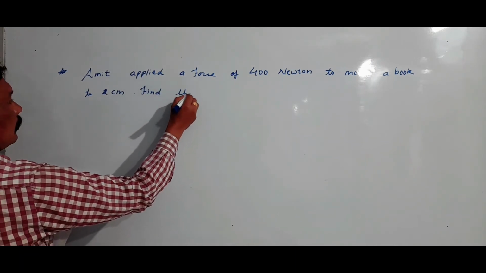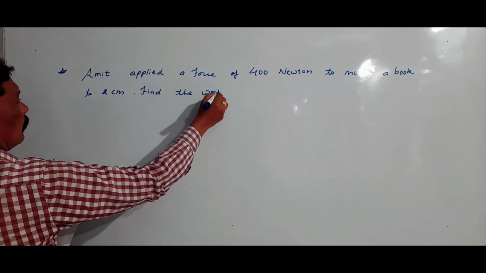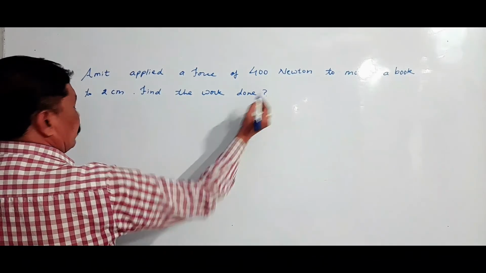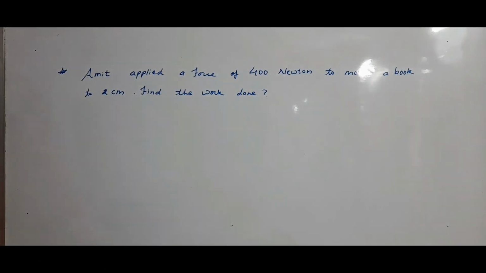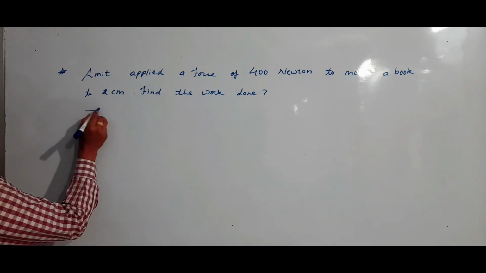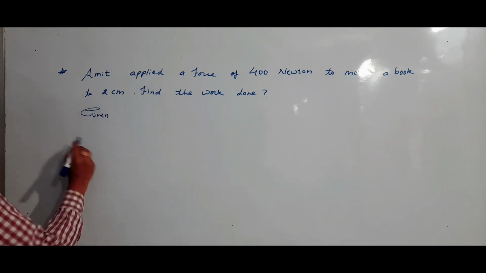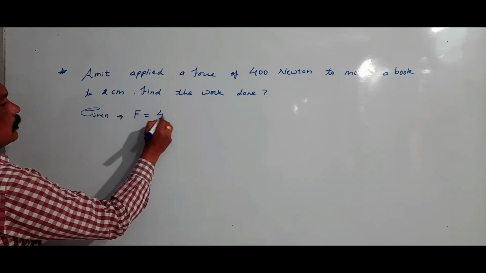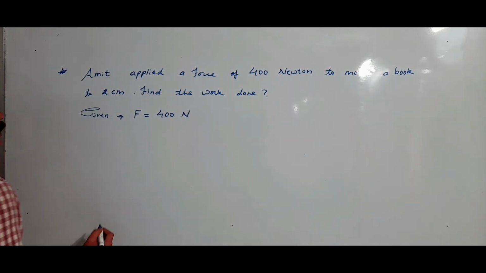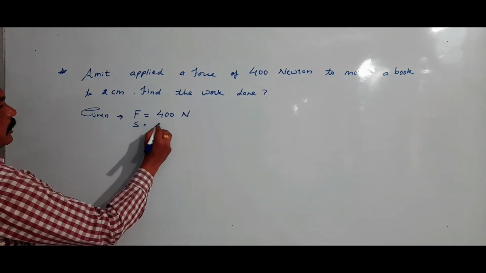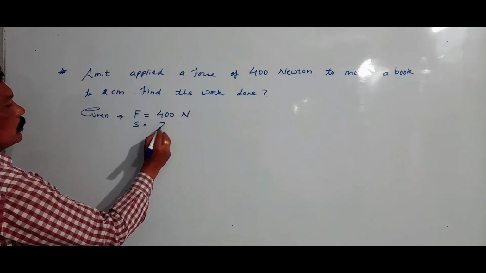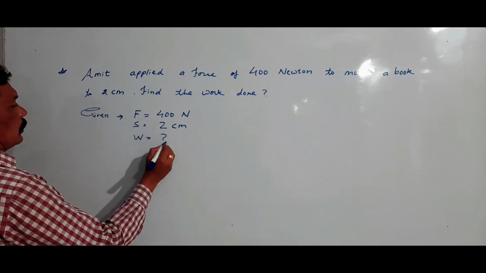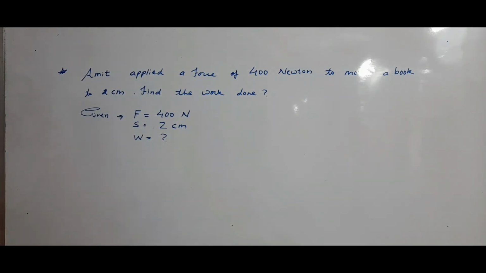Find the work done. Again, given: force is equal to 400 Newton, displacement is equal to 2 centimeter, W is equal to work which we have to find.